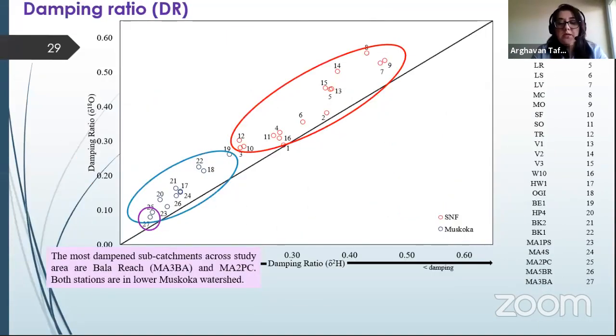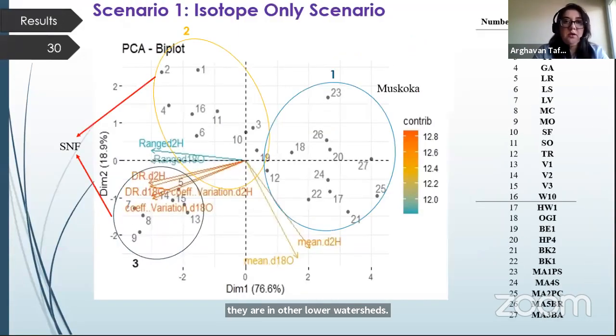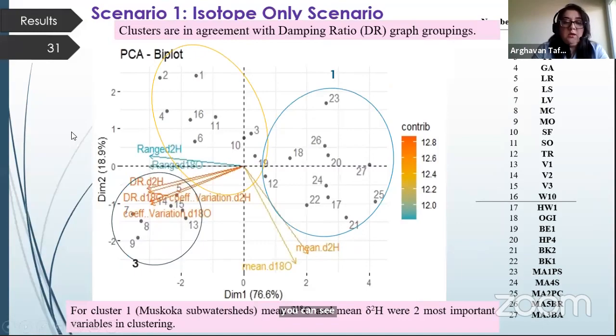By using this information, I generated scenario number 1, or the isotope-only scenario. Surprisingly, Muskoka watershed sites and SNF sampling sites group completely separately. You can see number 1 is Muskoka, and 2 and 3 were related to SNF. For cluster number 1, or Muskoka subwatersheds, mean of O18 and mean of H2 were the two most important variables in clustering.